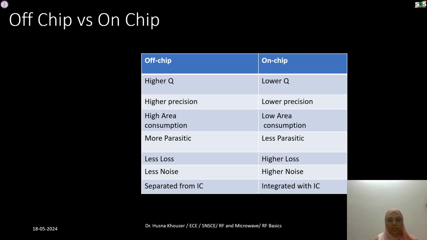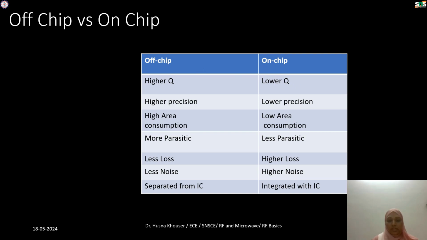Here you can see the difference between what I said, the off-chip and on-chip filter. The off-chip filter has high Q, and the on-chip filter has low Q factor, low quality factor.